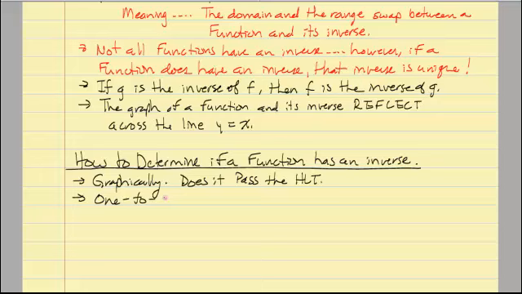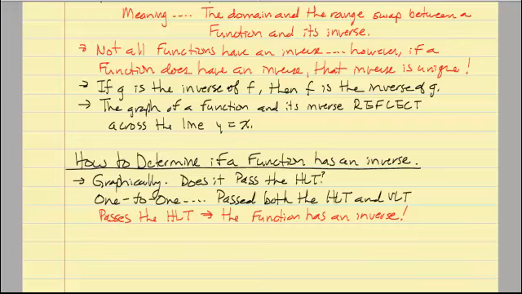So if a function is one-to-one, that means it passed both the horizontal line test and the vertical line test. So the important point here is that if it passes the horizontal line test, it has an inverse.